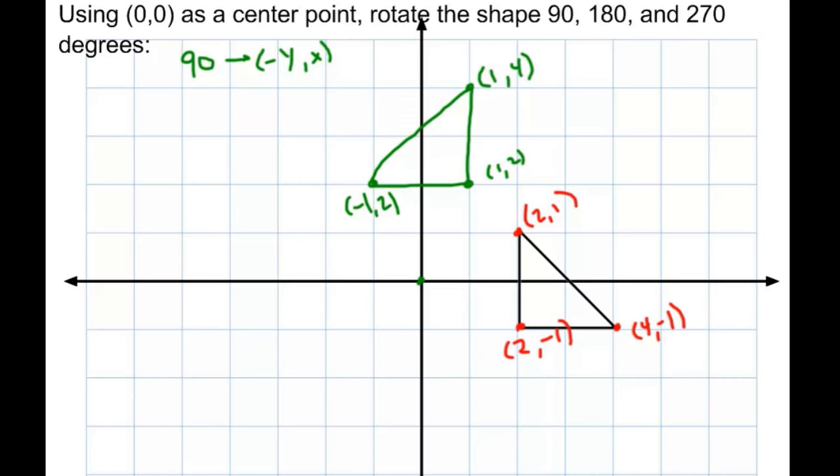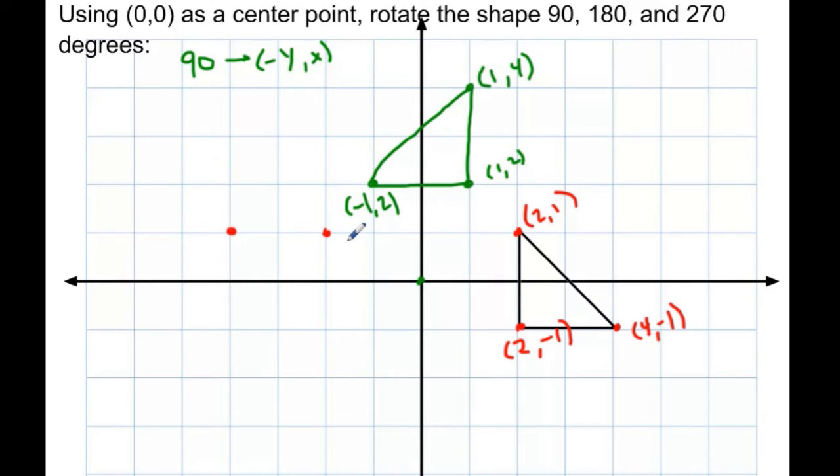The 180-degree rotation is the easiest one. So everything just becomes its opposite. That means that 2, -1 becomes -2, +1. So -2, +1 would be right here. All right. 4, -1 would become -4, +1.